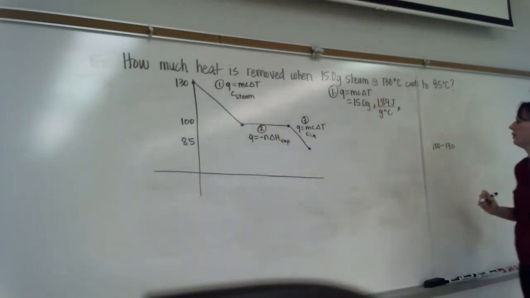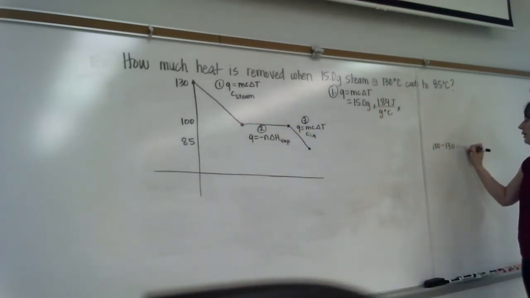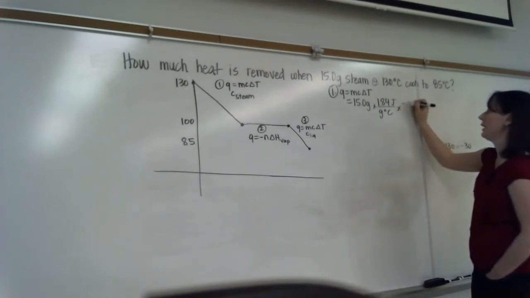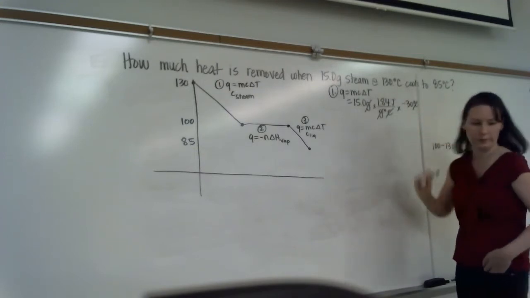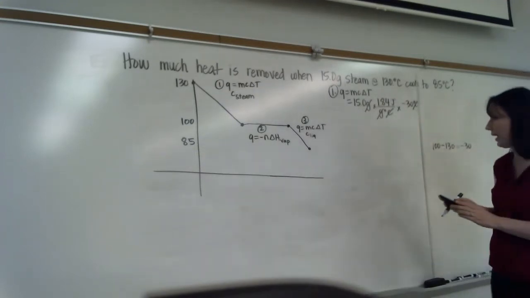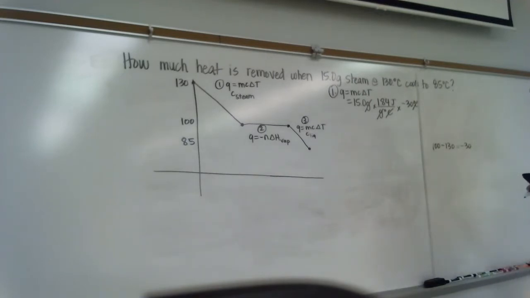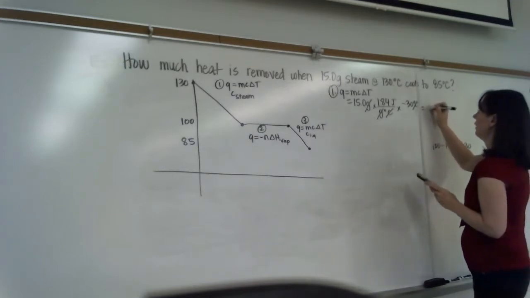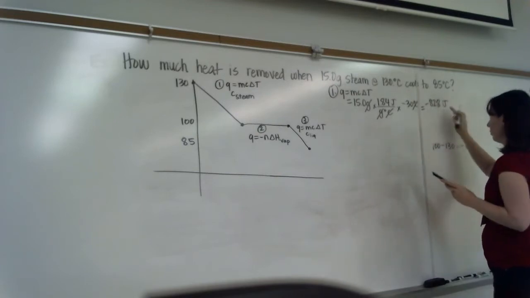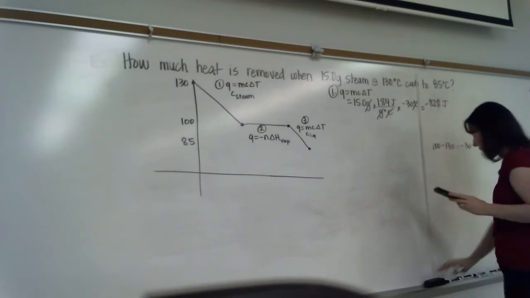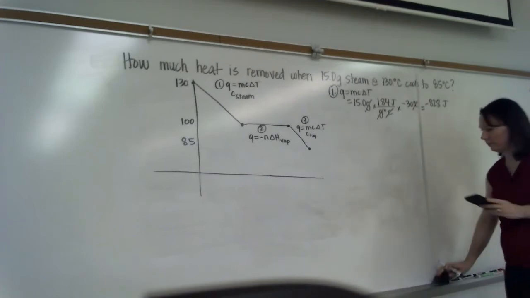T final minus T initial. So 100 minus 130 is negative 30 degrees Celsius. Degrees Celsius cancel, grams cancel. So when I do my math, 15 times 1.84 times negative 30, I get negative 828 joules. Okay. Do we agree?